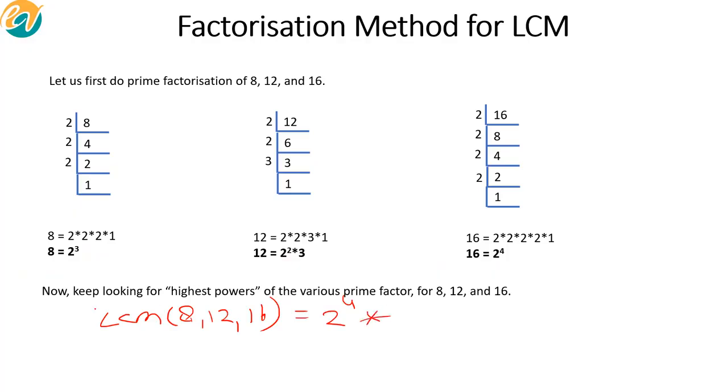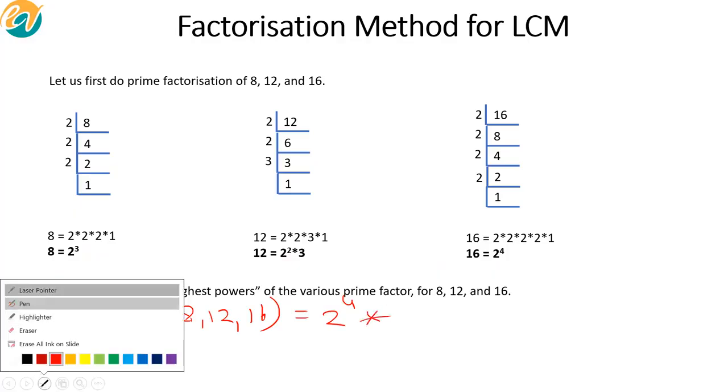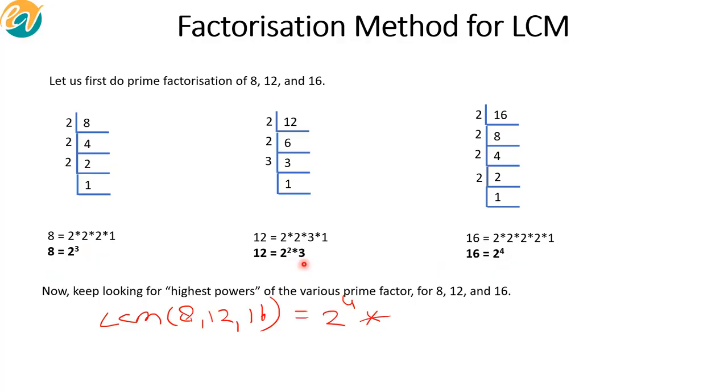Next, we come to the other prime factors. 3. Notice there is no power of 3 in 8, basically it's 3 to the power 0 here, 3 to the power 1 here, and again 3 to the power 0 here. So what is the highest power of the prime factor 3 across the three numbers? Well, 3 raised to the power of 1.